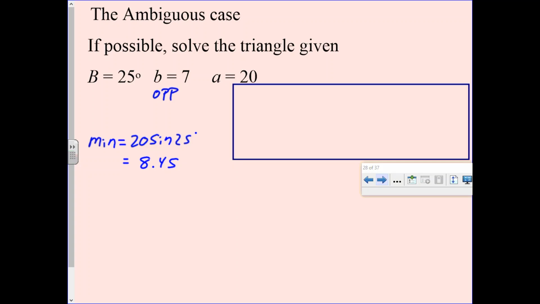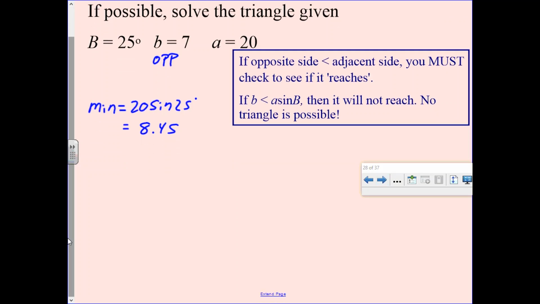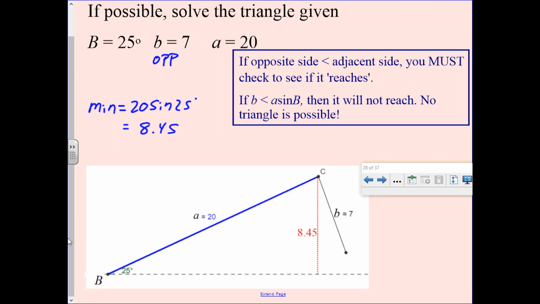Well, not good news, because we ran that test, and since my opposite side is 7, and that is less than 8.45, it is not going to reach. So we are basically done with the problem. So I have no triangle. There's nothing I can do. If I had this on a homework assignment or even on a test, I'm going to put in great big letters, no triangle possible, and move on.